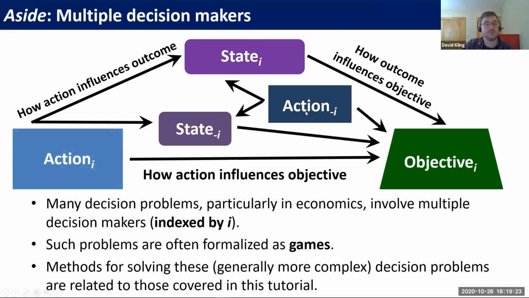Similarly, those actions of those other decision makers may influence the state belonging to the primary, I guess you could call it, decision maker. So focusing on invasive species and land management, you may want to suppress a creature or invasive plant on your land, but how that turns out for you depends on what other people are doing.